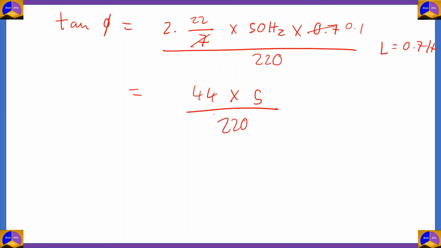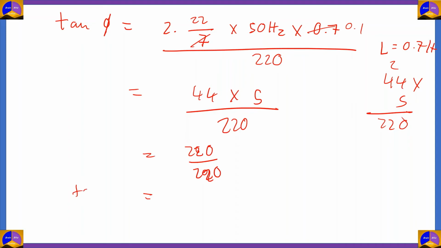Now at this stage, we usually try to cancel, but if you know the multiplication of 44 times 5, which I'm doing here right now, it is 220. So as you can see, both the numerator and the denominator are 220 in the end. Therefore, the value of tan phi is equal to 1.